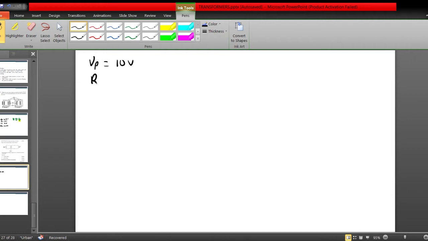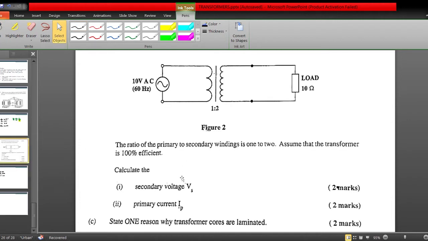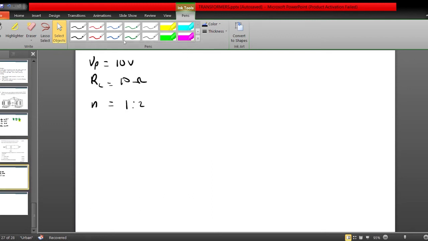We have RL to be 10 ohms. We have turns ratio to be 1 to 2. The question asked us to find the secondary voltage and the primary current. So these are the two things that we have to find: secondary voltage and primary current.